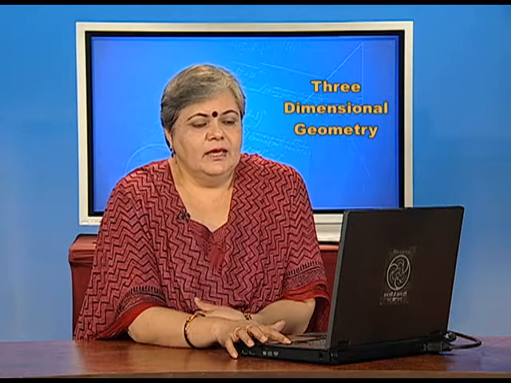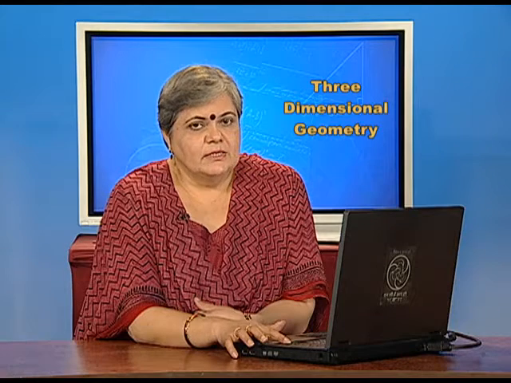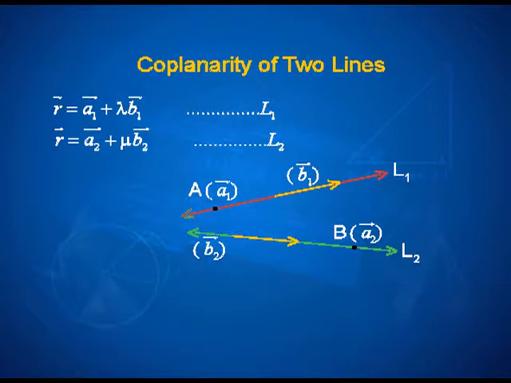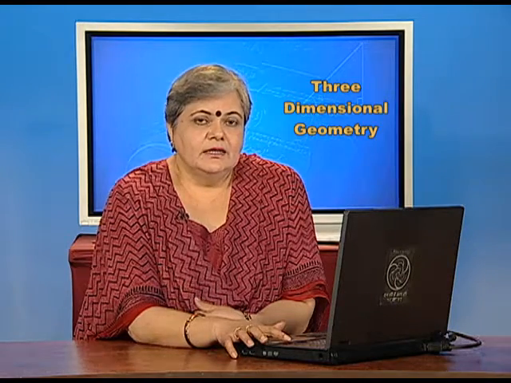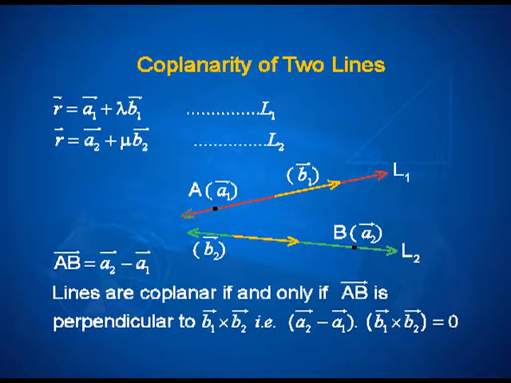Knowing that the line L1 passes through A and line L2 passes through B, if I can show that the vector AB, which is nothing but a2 minus a1 vector, is perpendicular to b1 cross b2, will that let us conclude that the lines are coplanar? Because the vector b1 cross b2, which is perpendicular to b1 and b2, is also now perpendicular to the vector AB, and therefore the two lines, that is L1 and L2, must be in the same plane.